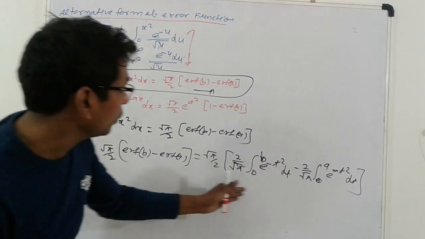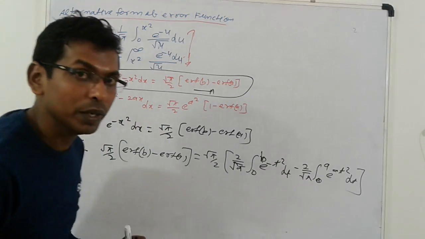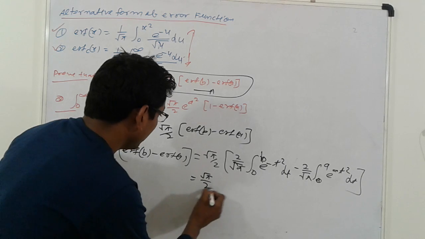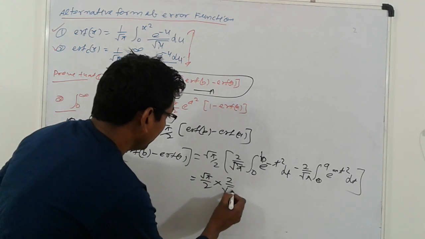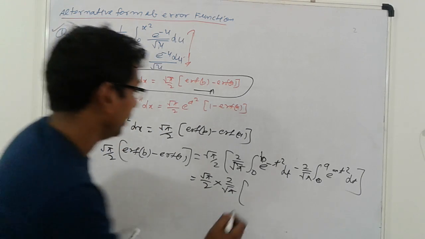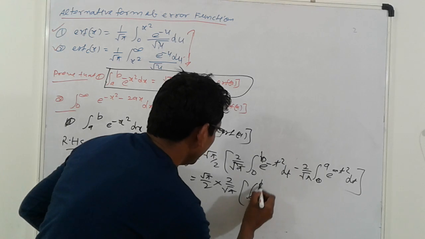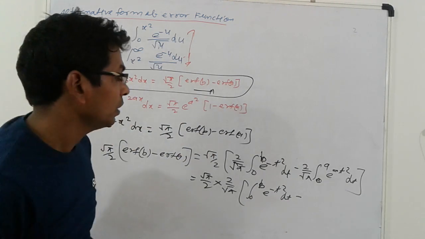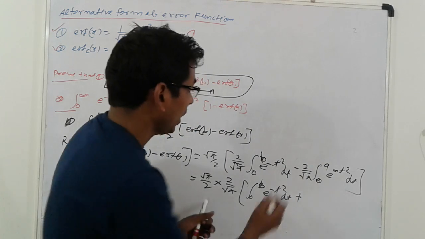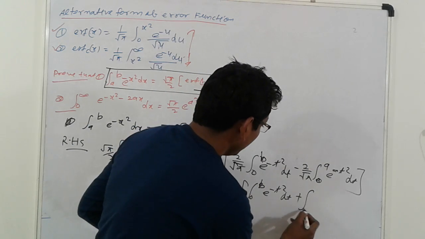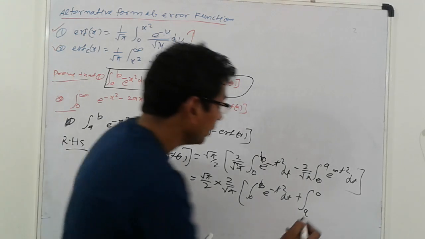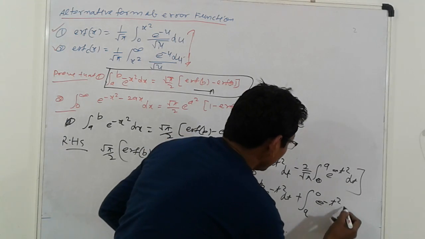So 2 upon root pi is common, so take the common. Under root pi upon 2 into 2 upon root pi is cancelled, and we have 0 to b e raised to minus t square dt minus, so change the limits, minus taken as plus, it means a to 0 and e raised to minus t square dt.